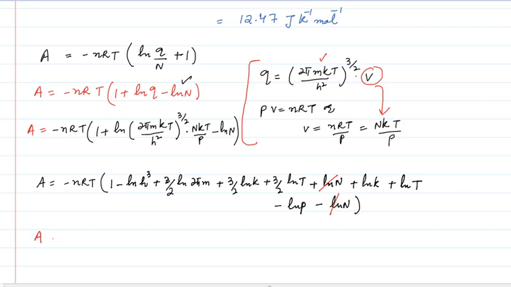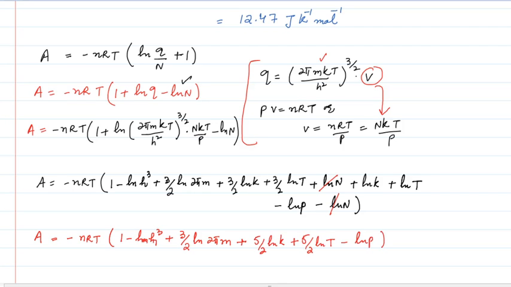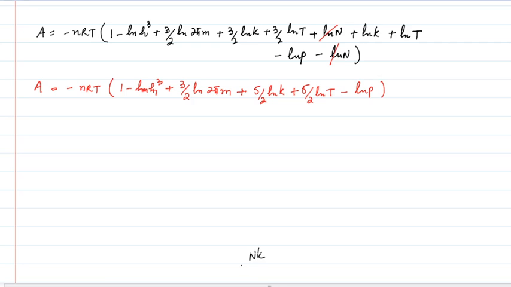We write it as minus nRT, 1 minus ln of h cube plus 3 by 2 ln of 2 pi m plus 5 by 2 ln of k plus 5 by 2 ln of T minus ln of P. So this is the expression for the work function for a monoatomic gas.